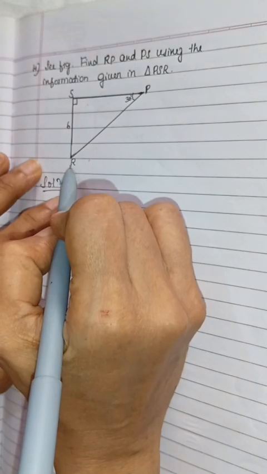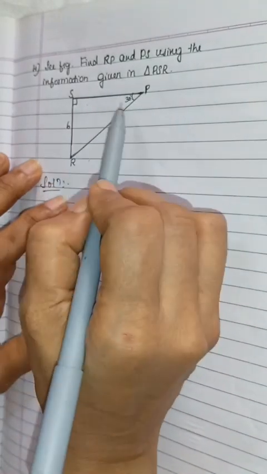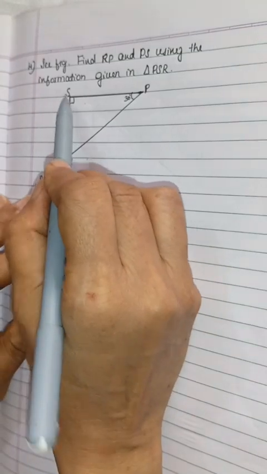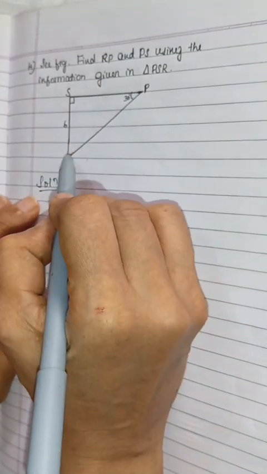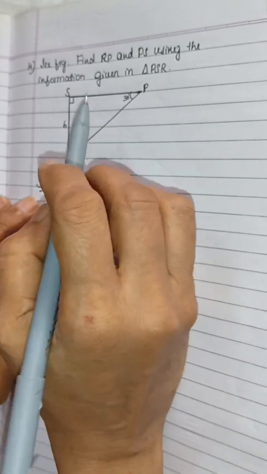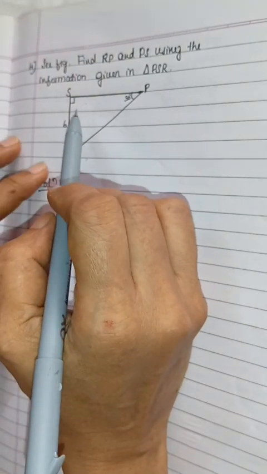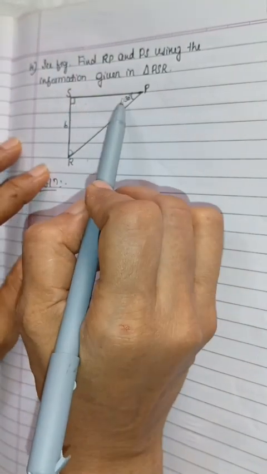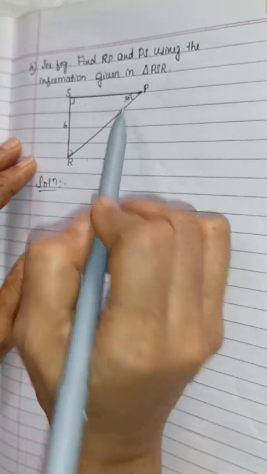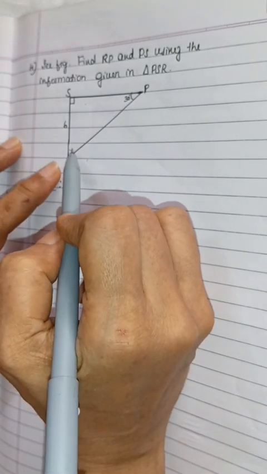PSR is 90 degrees, angle SPR is 30 degrees. Okay, and angle SRP, how much is this angle? This is 60 degrees because it is the remaining angle, because the sum of the angles in a triangle is 180 degrees.